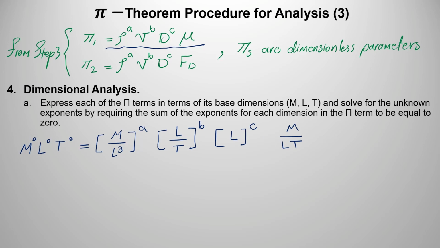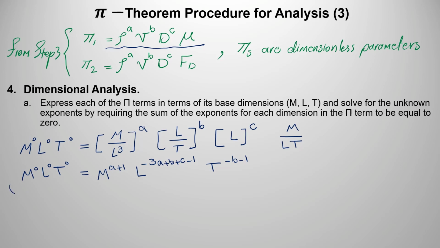All right, so again, I'm going to do the same algebra and write this in terms of M, L, and T. So it would be M to the power a plus 1, L to the power negative 3a plus b plus c minus 1, and T to the power negative b minus 1. This side, M to the power 0, L to the power 0, and T to the power 0.